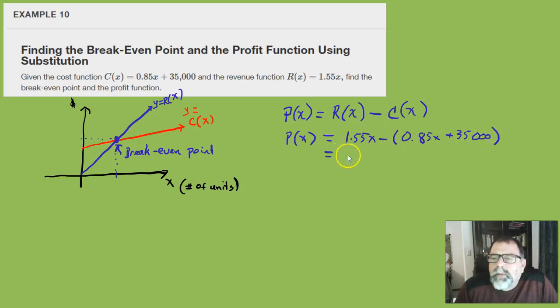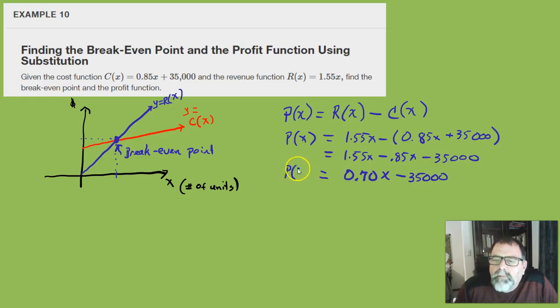So distribute that minus sign, so just make both of them negative. 1.55 minus 0.85 is 0.70x, you don't need that last zero there, but that's okay, minus 35,000. So that's our revenue or profit function.